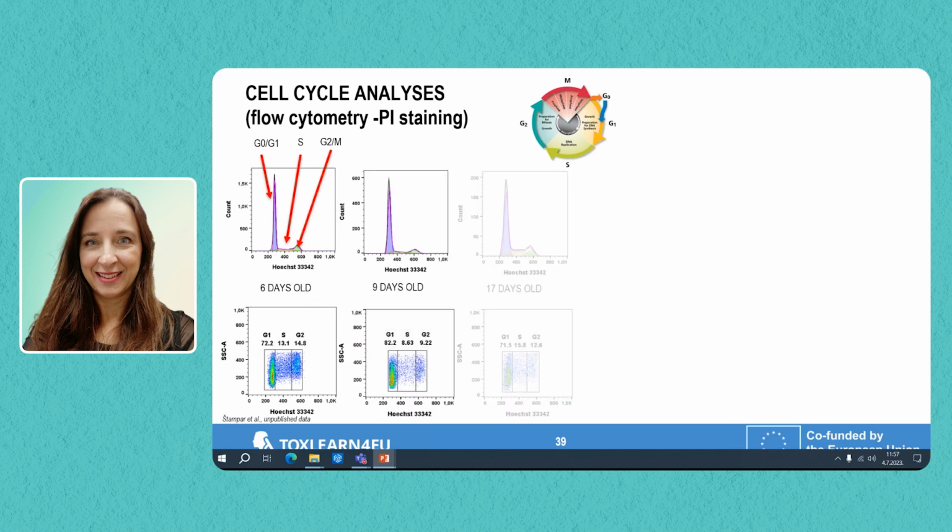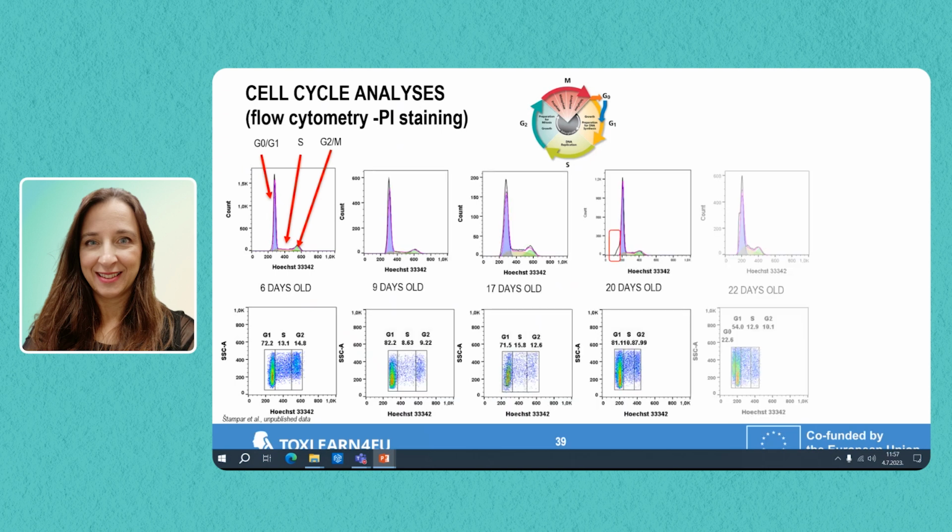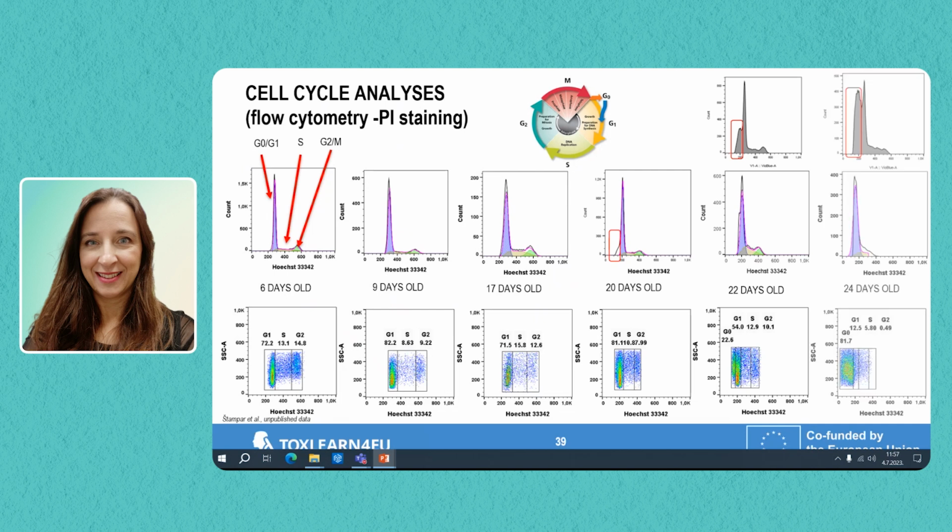So with time of culturing, we see that in this G1 phase the cells are a kind of arresting, and after 21 days we see something is happening, and the G0 phase started to occur, and after 24 days, mostly like 80% of cells were in the G0 phase.